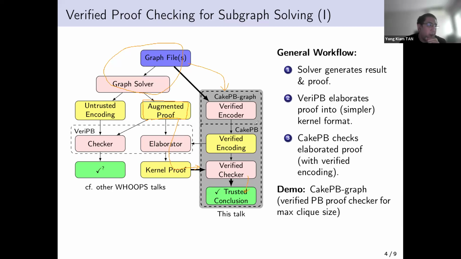So this gray box here is what I'm going to talk about, and basically all of these steps have been formally verified. So we have a correctness theorem that's proved inside HOL4, which states the correctness of this checking pipeline. In particular, if it prints out a certain conclusion about the graph problem, then you can be pretty certain that the graph problem does indeed have those properties.